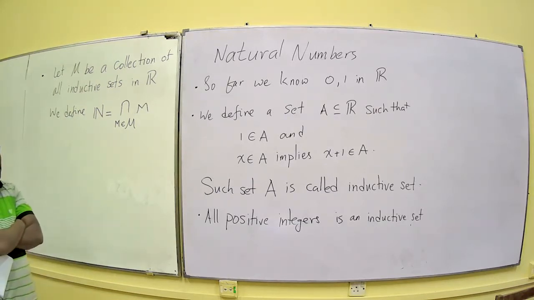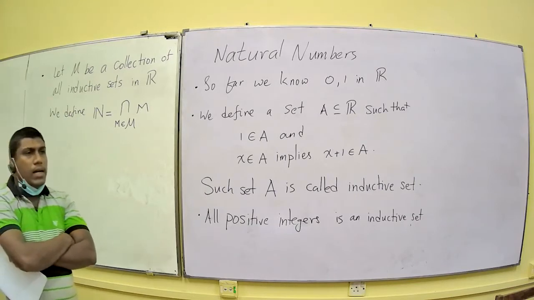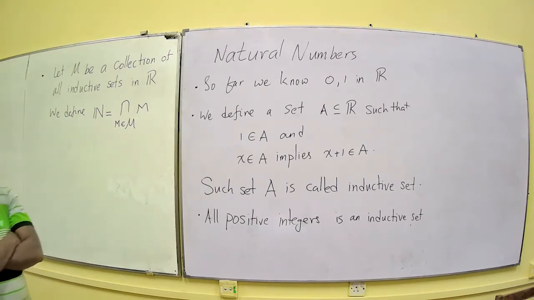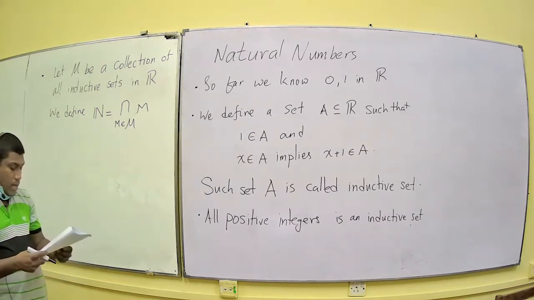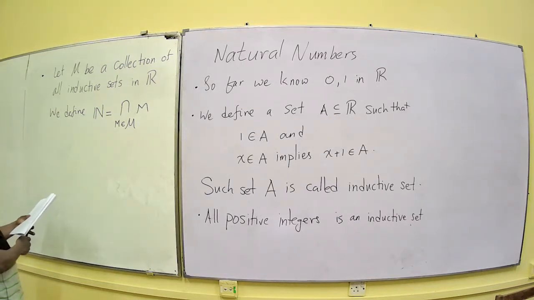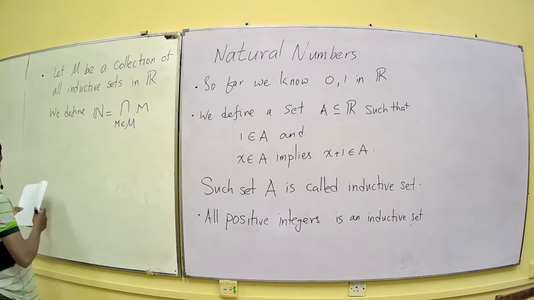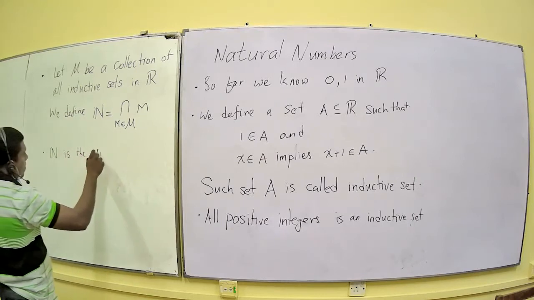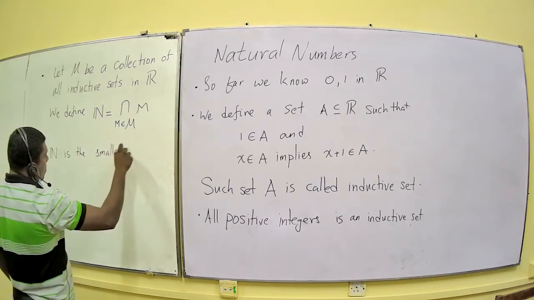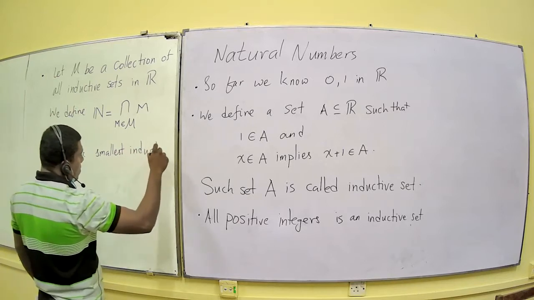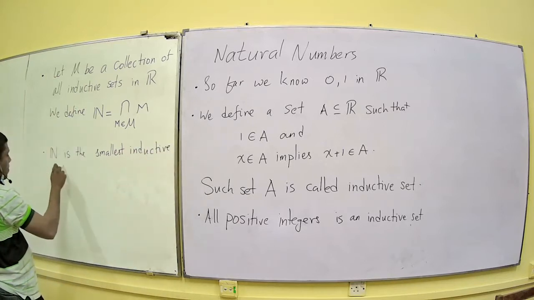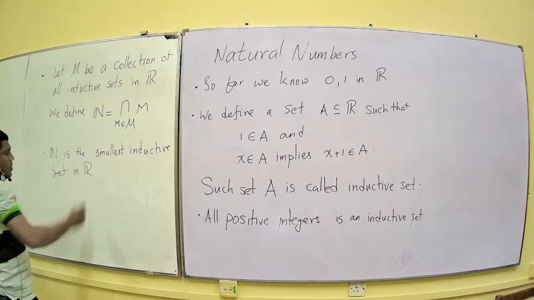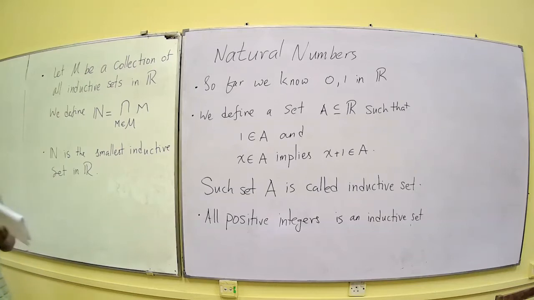The intersection of all possible inductive sets in R is defined as N. We call it the natural numbers. So this N is the smallest inductive set in R.